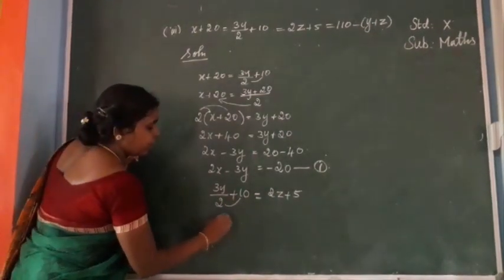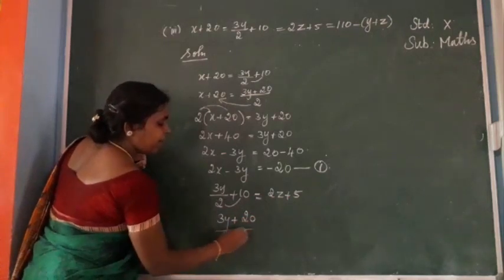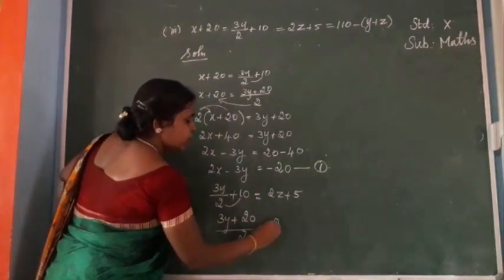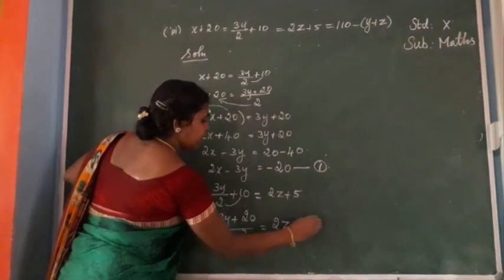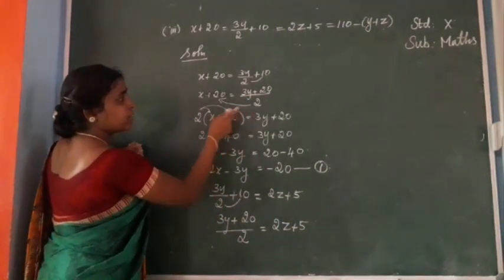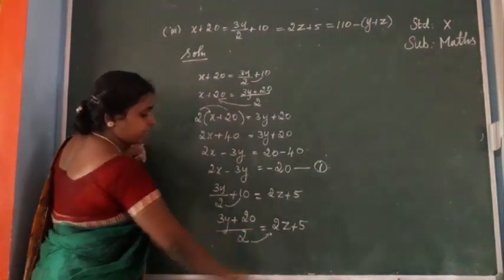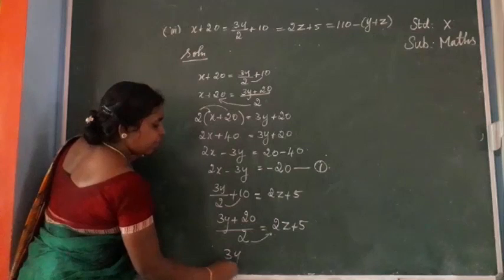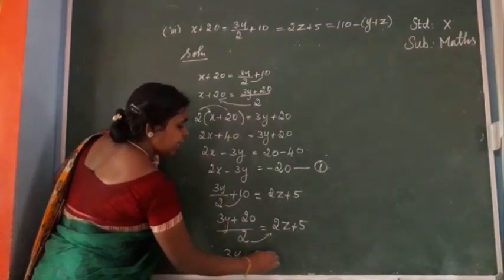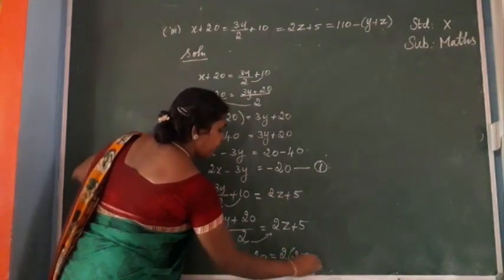So 3y plus 2 tens are 20, divided by 2, equal to 2z plus 5. Okay, now what you have to do? Like here, 2 you have taken to the left-hand side, isn't it? Here also you take it to the right-hand side. 3y plus 20 equal to 2 into 2z plus 5.